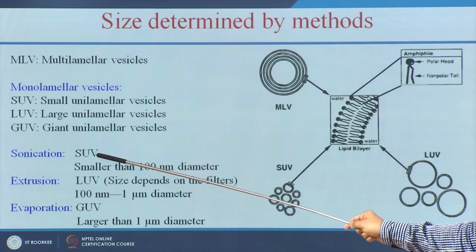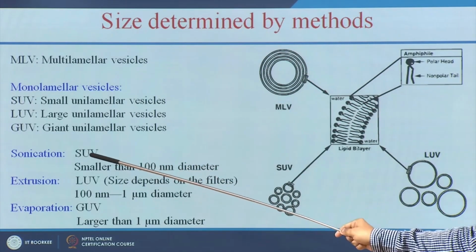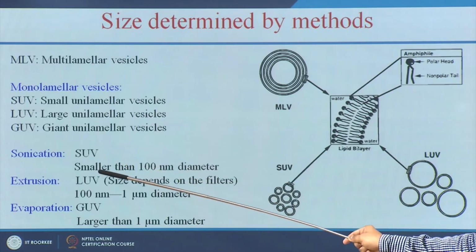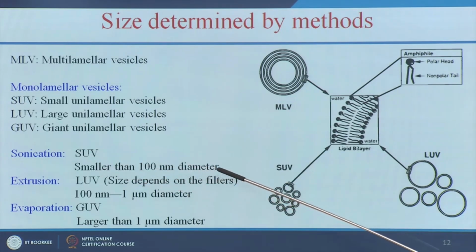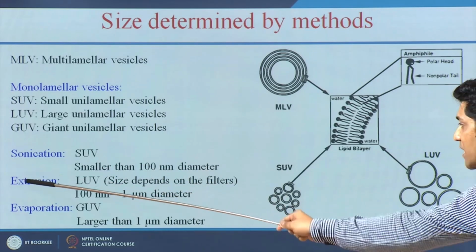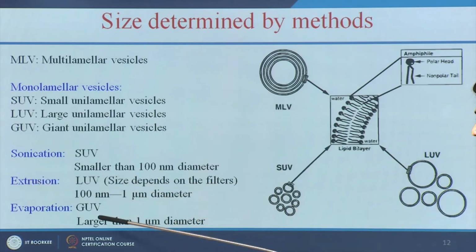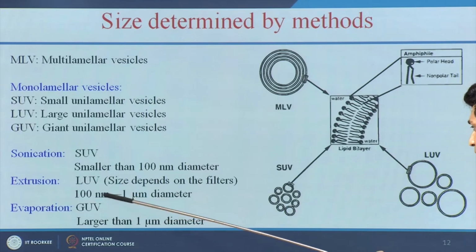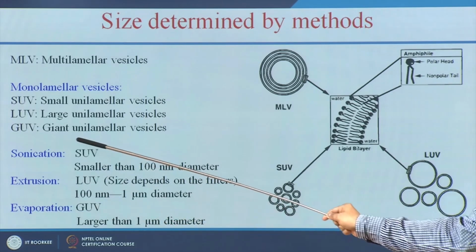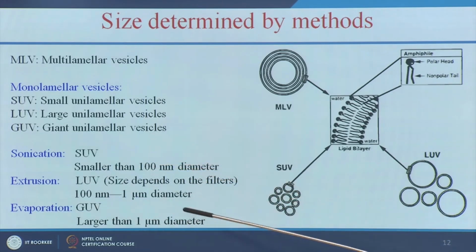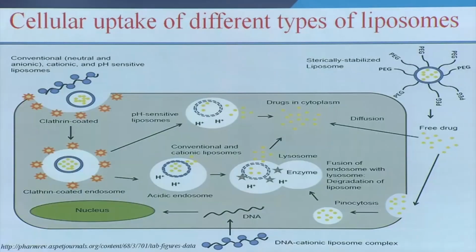For example, if you prepare by the sonication method, you will get SUVs, liposomes smaller than 100 nanometer in diameter. If you use the extrusion method, you will get LUVs, and if you use the evaporation method, you will get GUVs, giant unilamellar vesicles, larger than 1 micrometer in diameter. So depending on the preparation method, the size varies.